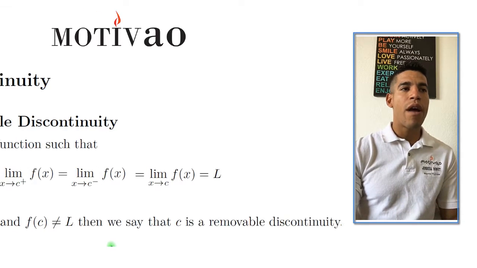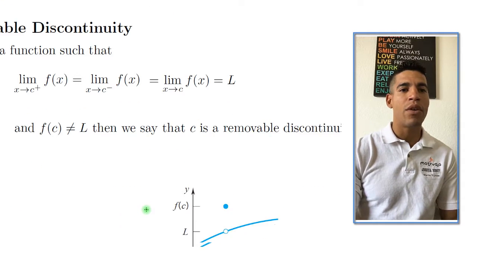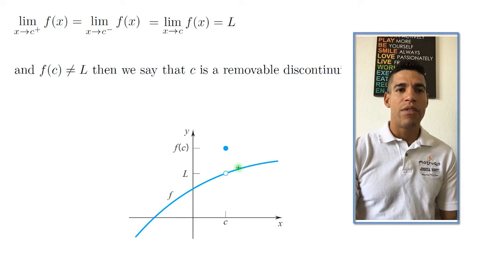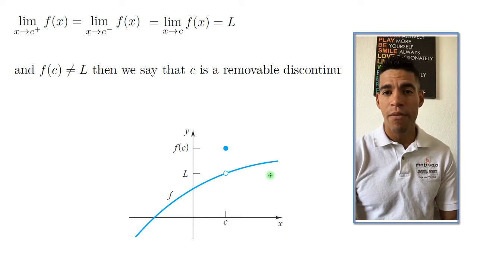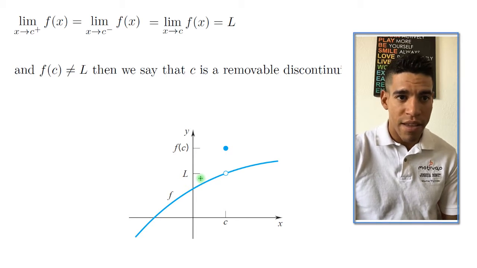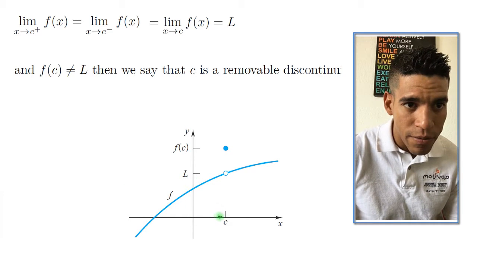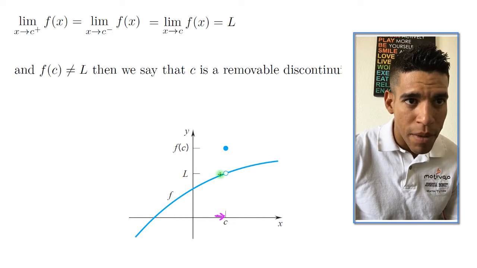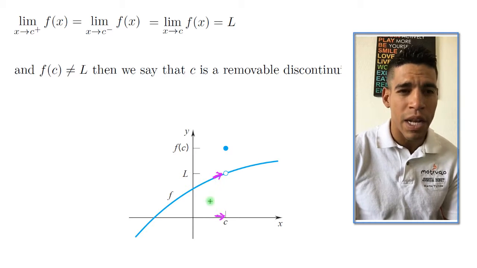Now a graphical representation might look something like this. Notice that this function f has a limit L, right? Because as x approaches c from the left, my function approaches L from the left.